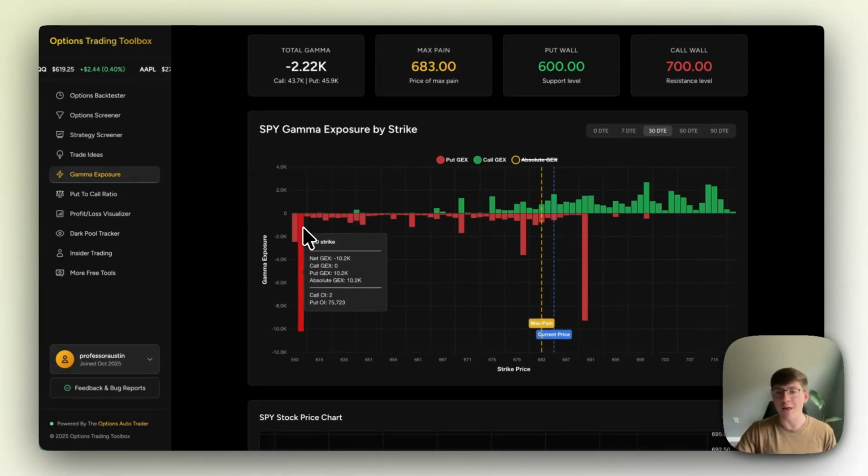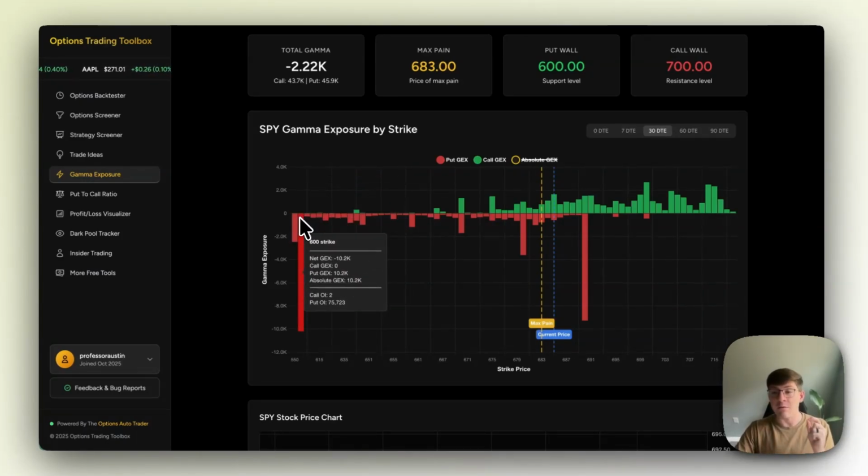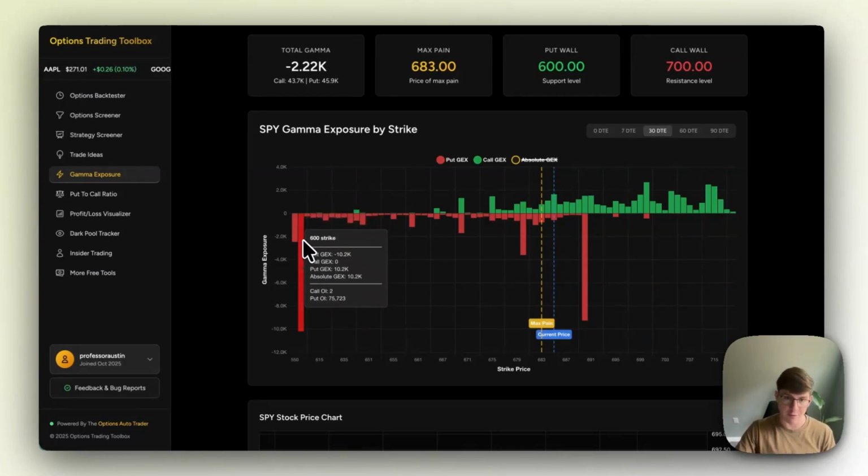I'm going to assume that if it's a put all the way down here, they're put selling these contracts. They're selling puts on these. There's no reason to buy these puts. So that tells me there's a lot of exposure at this range, which means that there's going to be a very strong incentive for whoever has this amount of contracts or these amount of open positions here to keep the stock away from this level, right?